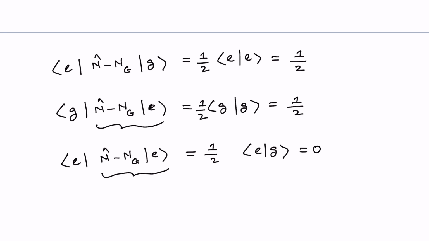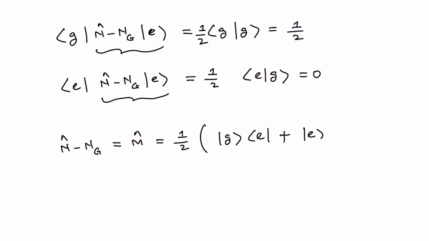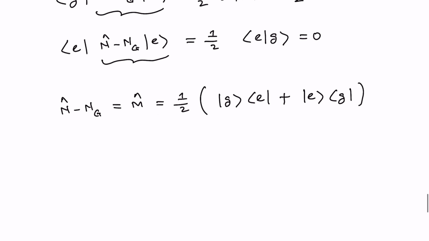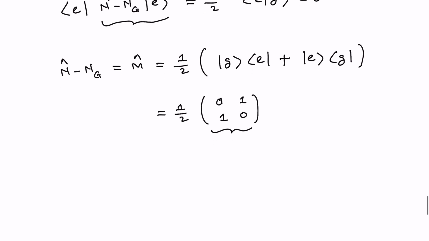So thereby you see that you are getting all the elements in the matrix. So I have then n minus nz is equal to m, and I'll be left with only 1/2 ket-e bra-z plus ket-z bra-e, and this I can express as 1/2 times the matrix 0 1 1 0, and this is nothing but the Pauli x component of the Pauli matrix, so I can write it as 1/2 sigma x cap.